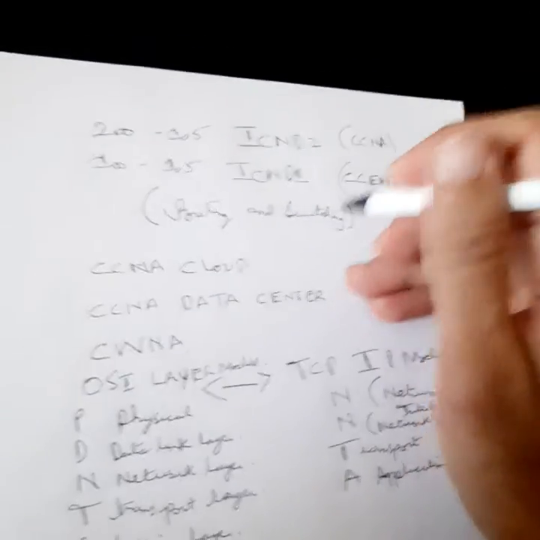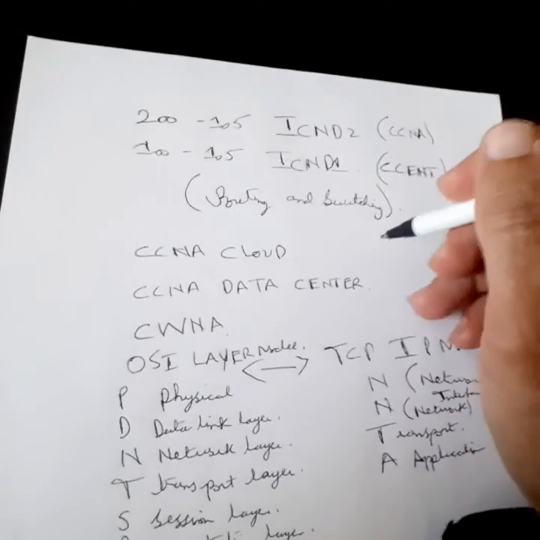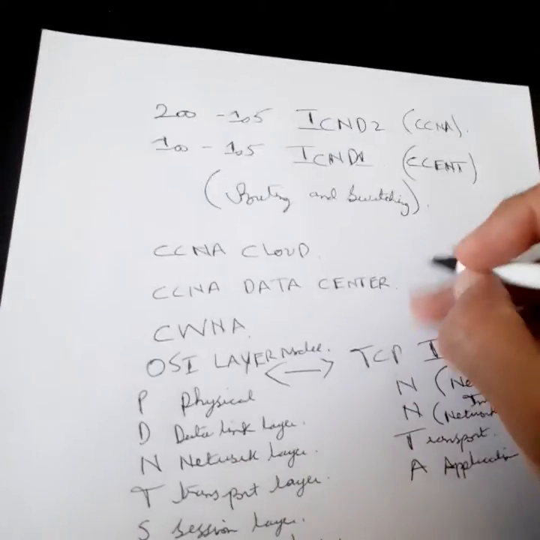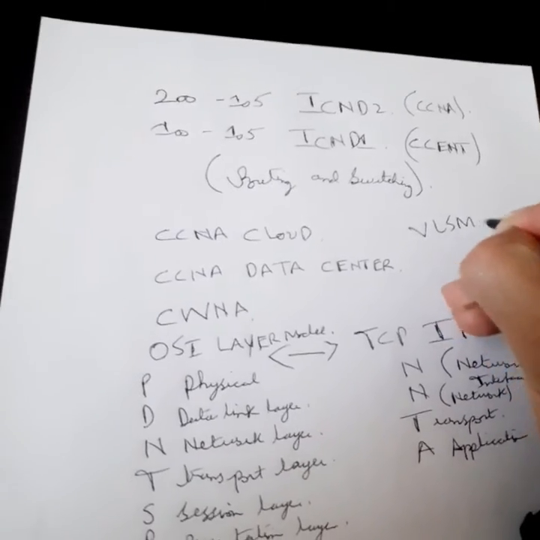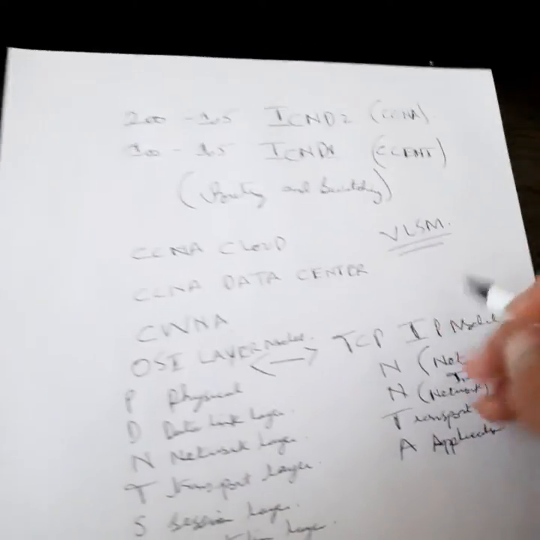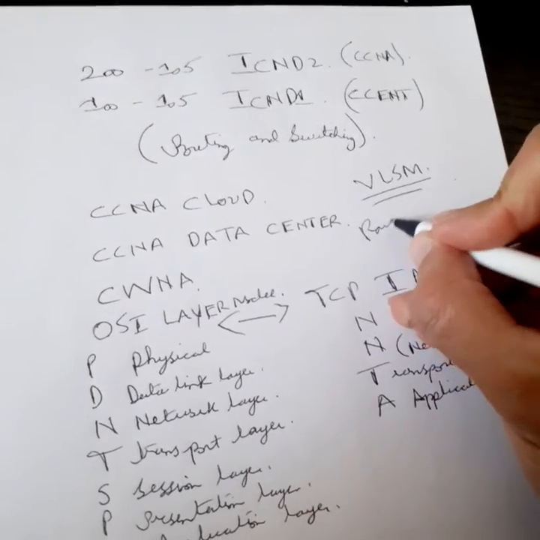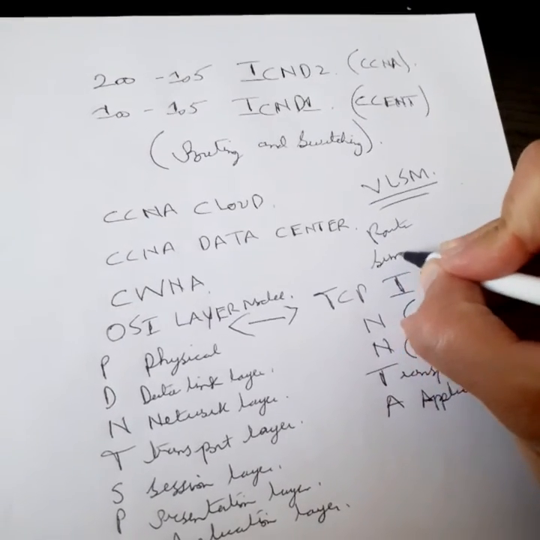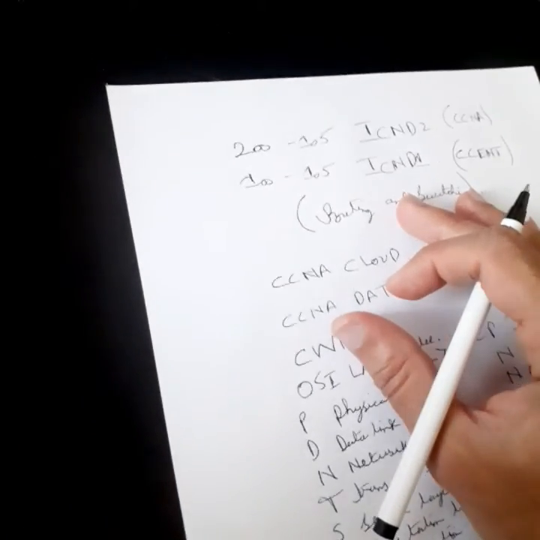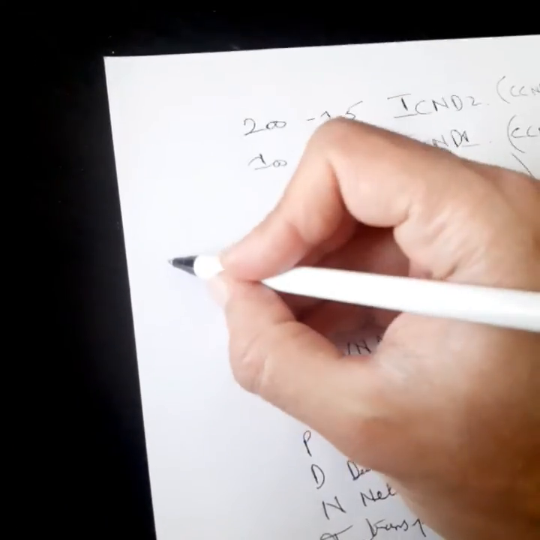With my IP addressing videos, it would probably be a good idea to learn about VLSM, variable length subnet masking, and then route summarization. What else have we got? Then we have different types of wireless LANs.